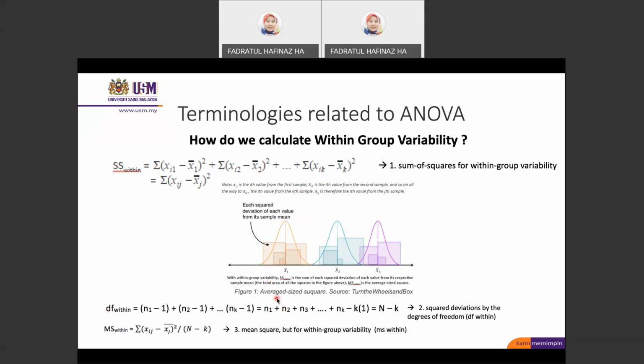But for within group variability, MS within, this time the degrees of freedom is the sum of the sample sizes, N, minus the number of samples, k. Another way to look at degrees of freedom is that we take the total number of values and subtract 1 for each sample, as shown in formula 3. This gives the mean square for within group variability, MS within.